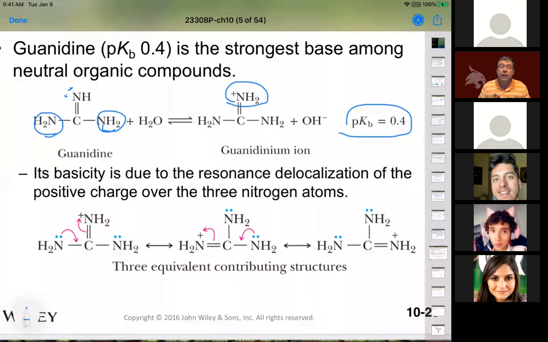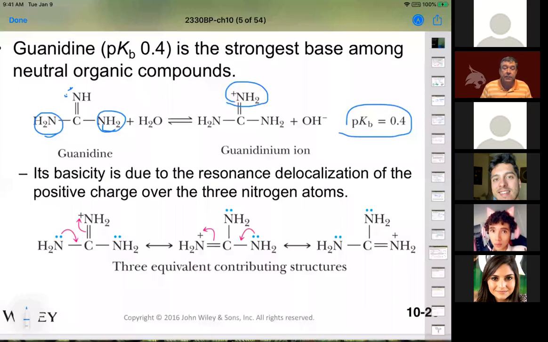And anytime you can share electrons, it makes it easier. This is exactly the same as why carboxylic acids are so much more acidic, because they can delocalize that negative charge over 2 oxygens in that carboxylic acid. In this case, because we can share that charge over 3 nitrogens, it becomes more basic.